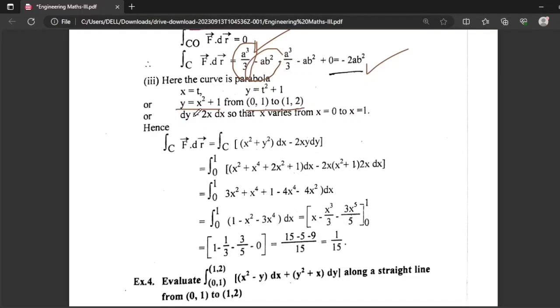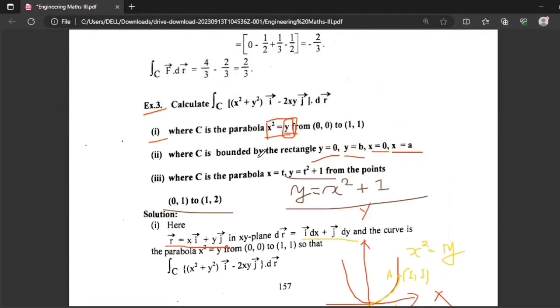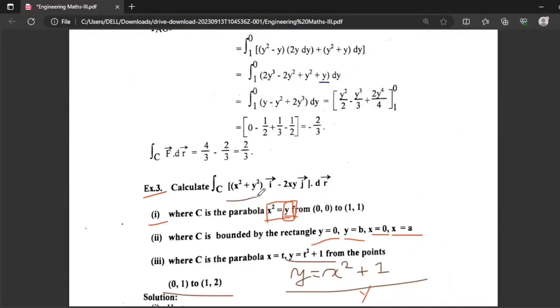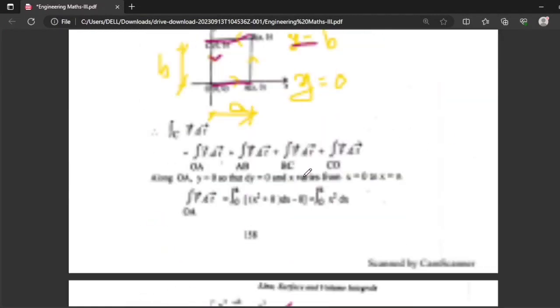Differentiating this equation, we get dy equals 2x dx, so x varies from 0 to 1. And F vector is x square plus y square i vector minus 2xy j vector.